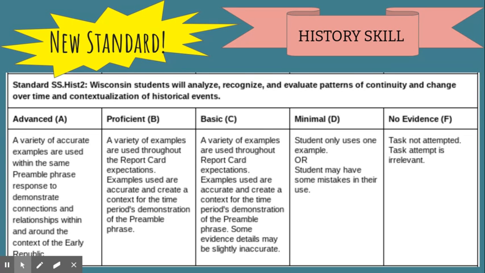Now, we do anticipate, especially in a basic, that some evidence details may be slightly inaccurate. And that's really the difference between that basic and then proficient. So proficient is that variety of examples are used throughout the report card expectations. Examples used are accurate and create a context for the time period's demonstration of the preamble phrase.